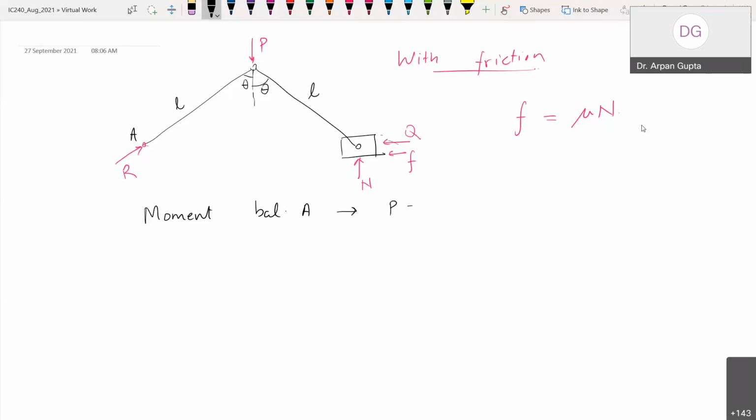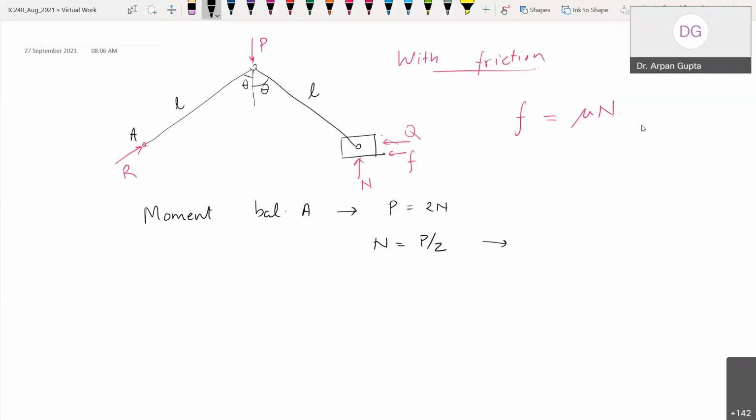And therefore, what you will get is P is equal to 2 times N, or in other words, the normal reaction will be equal to P by 2.